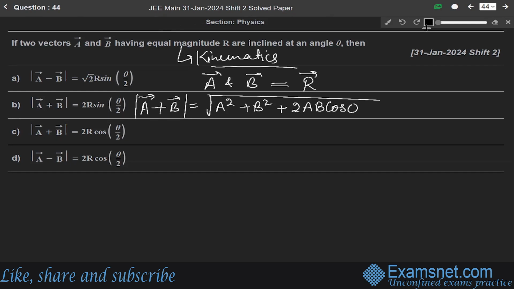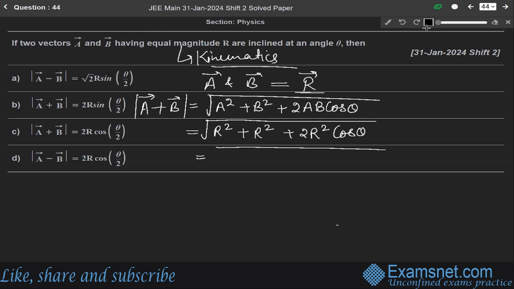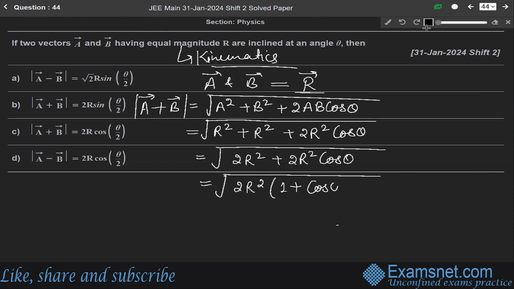2AB cos theta. Now since the magnitude of both the vectors is the same, that is R, we write modulus of A plus B is equal to under root of R square plus R square plus 2R square cos theta. So it will be under root of 2R square plus 2R square cos theta. Taking 2R square common, we get 2R square into 1 plus cos theta.